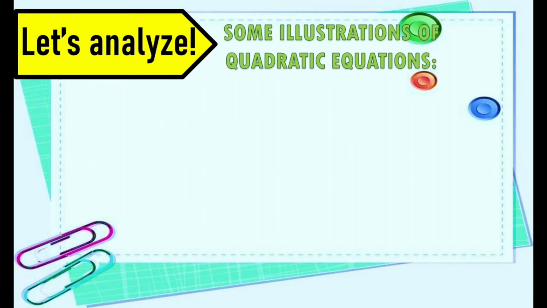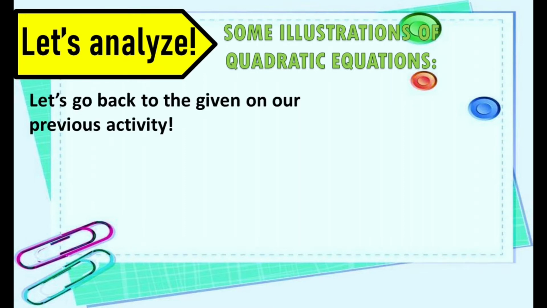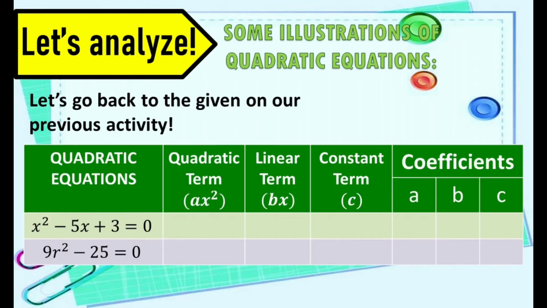Okay, now let's try to analyze more on some illustrations of quadratic equations. Let us go back to the given on our previous activity and try to chunk each of the terms there. So here is the table.